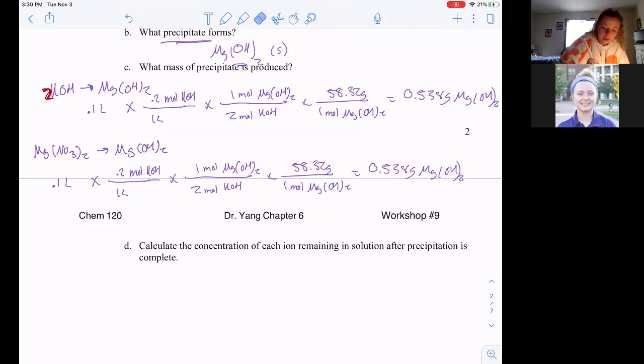Again, it's 0.1 liters. I have to change the units a little bit. This is MgNO32, and it's actually a 1-to-1 ratio. Units are important. And because it's a 1-to-1 ratio, it's also going to change how much you have. So it's 1.17 grams of MgOH2.